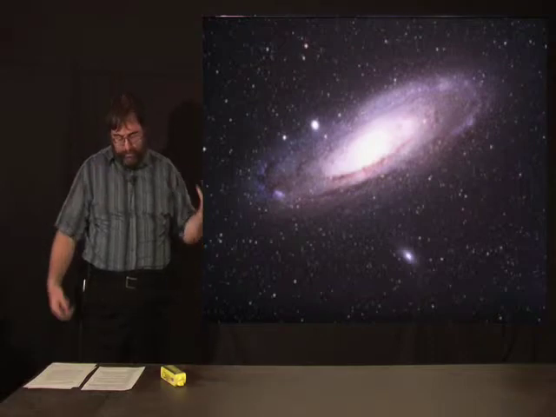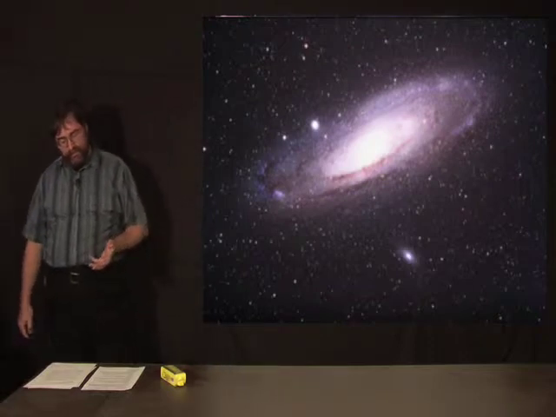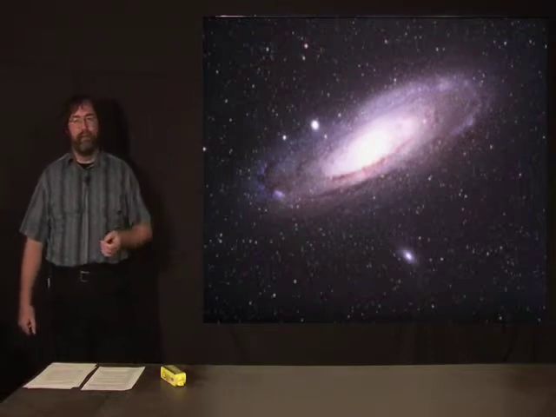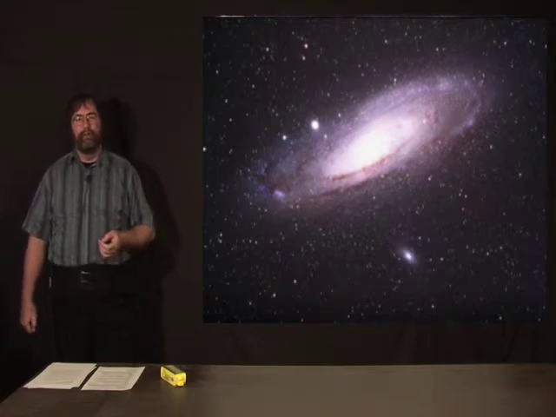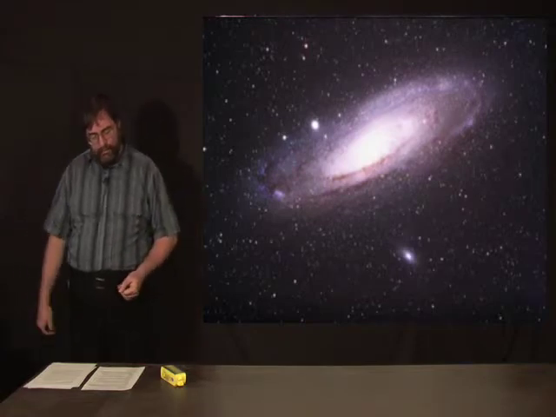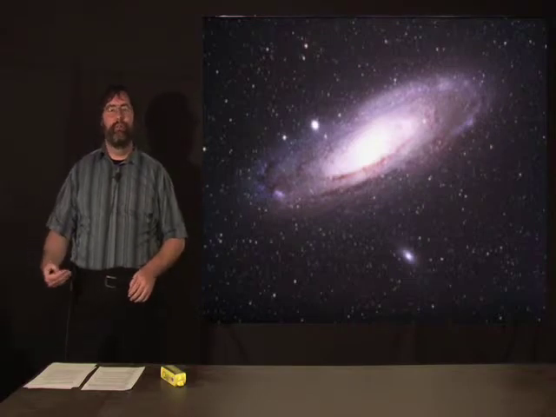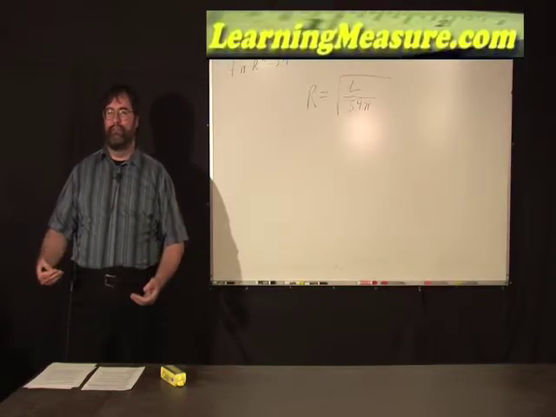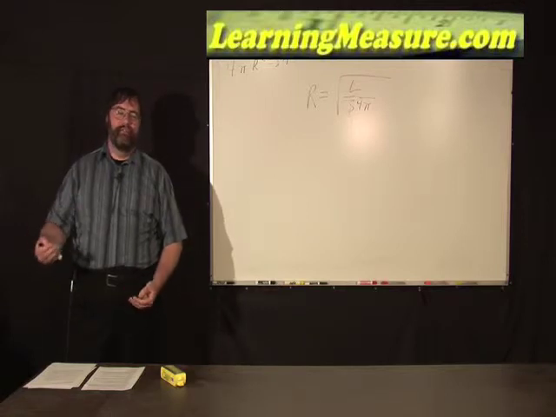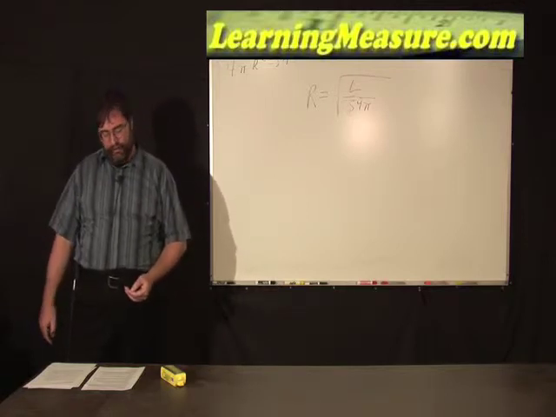But the other thing about the Andromeda Galaxy, we've measured that distance the same way, and it comes out to be 2.5 million light years away. So again, the universe has to be at least 2.5 million years old, because we can see that galaxy, and its distance is at least 2.5 million light years away.